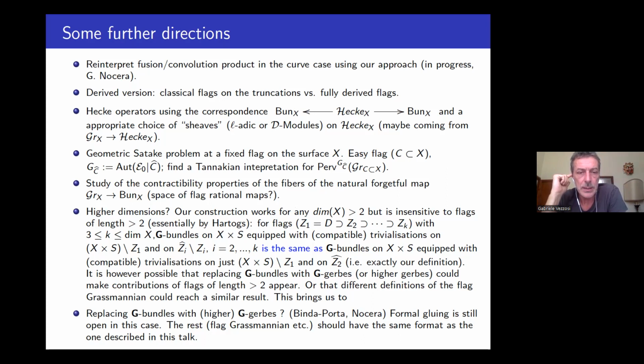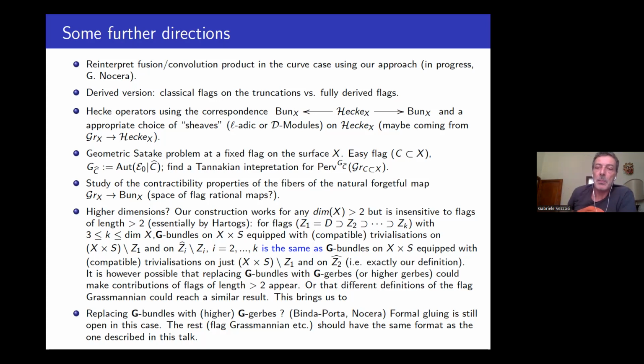Then you can consider the Grassmannian as bundles on X times S which are trivialized outside D, on Z2 hat minus Z2, Z3 hat minus Z3, until ZK hat minus ZK, compatibly trivialized.